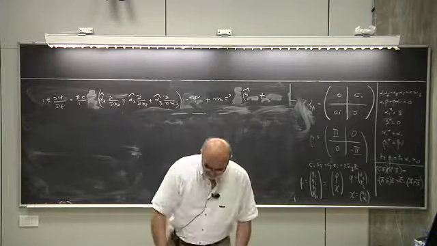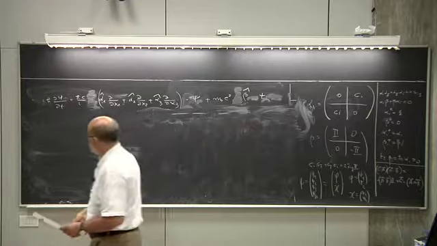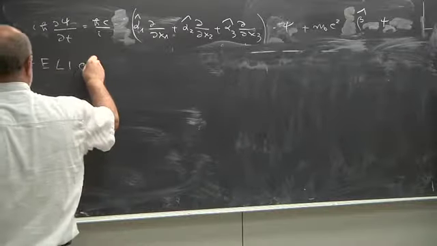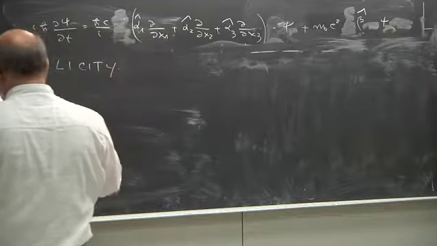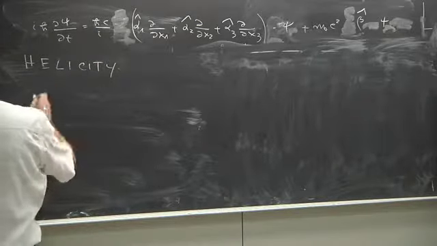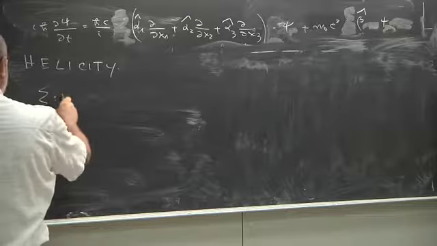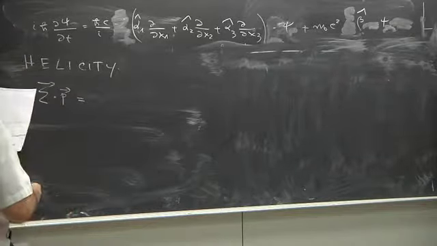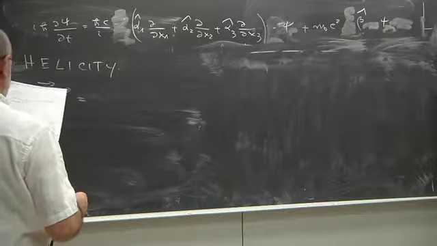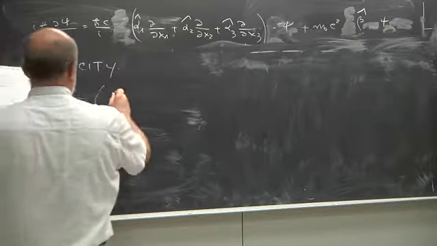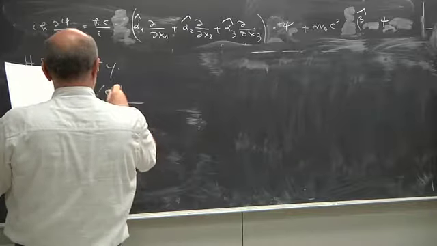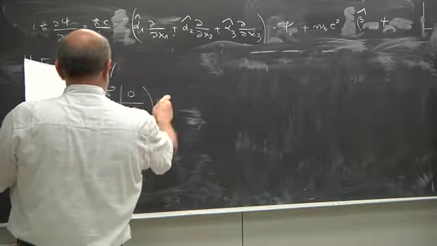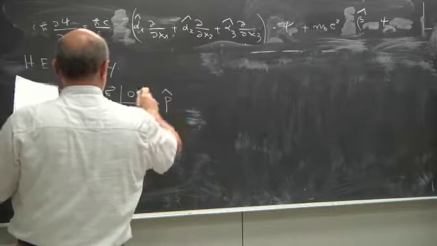There is, and it's called helicity. The helicity is an operator sigma defined in this manner. Take a 4 by 4 matrix with sigma, 0, 0, sigma, and multiply by the operator p.